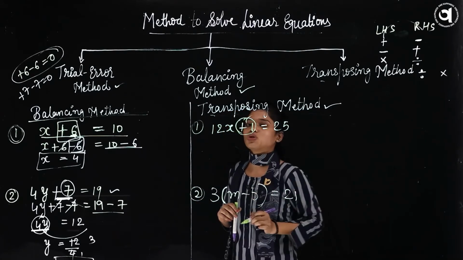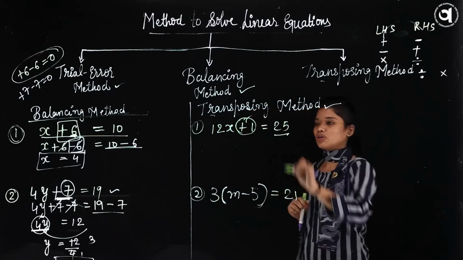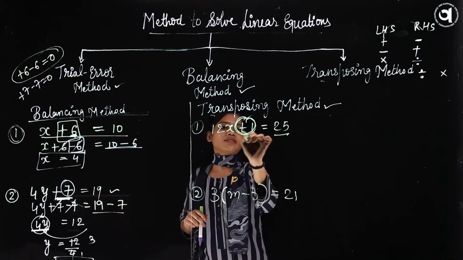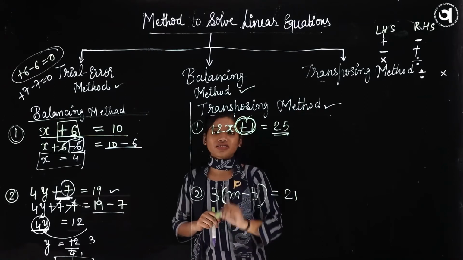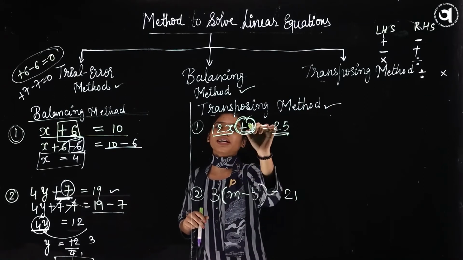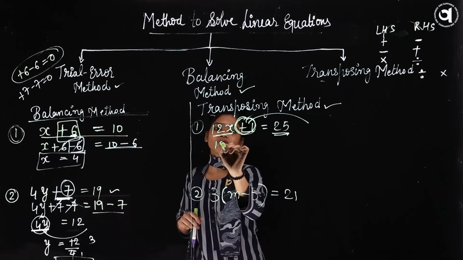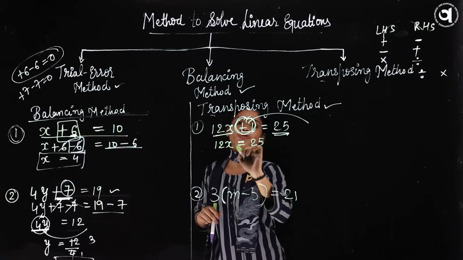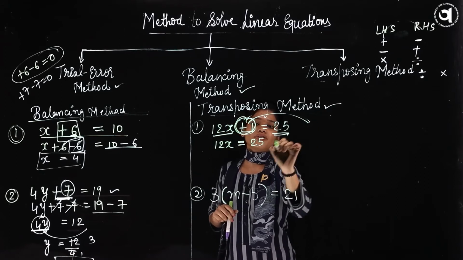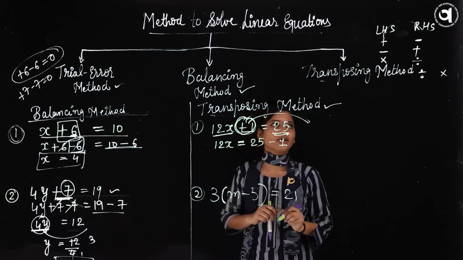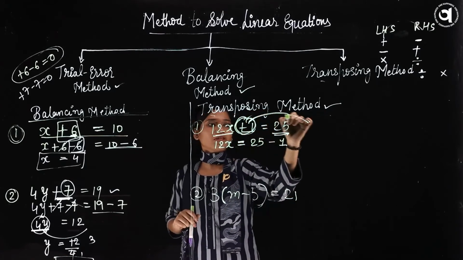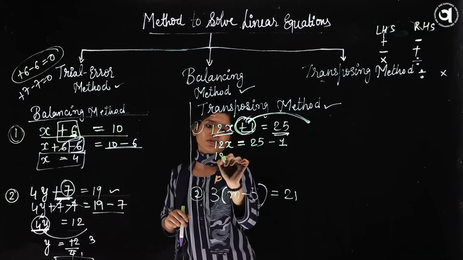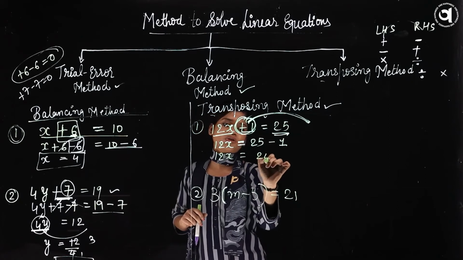So you can see here 12x plus 1 is equal to 25. So plus 1 and 25 are numbers, and this has a variable. So we can transfer that side, that means 12x is equal to 25 minus 1. This is the transposing method, the number will transfer, only the sign will change. So here 12x is equal to 24.